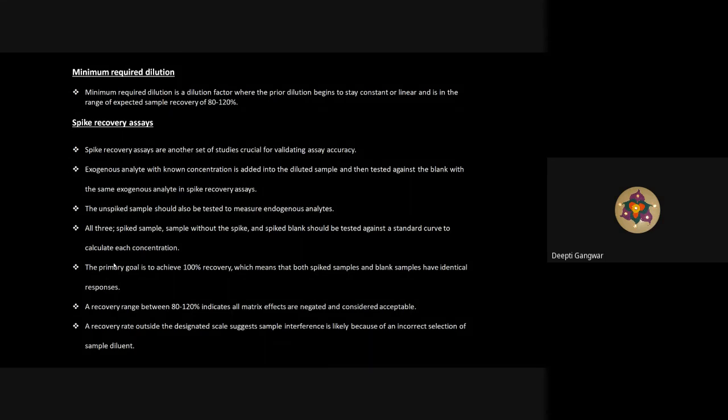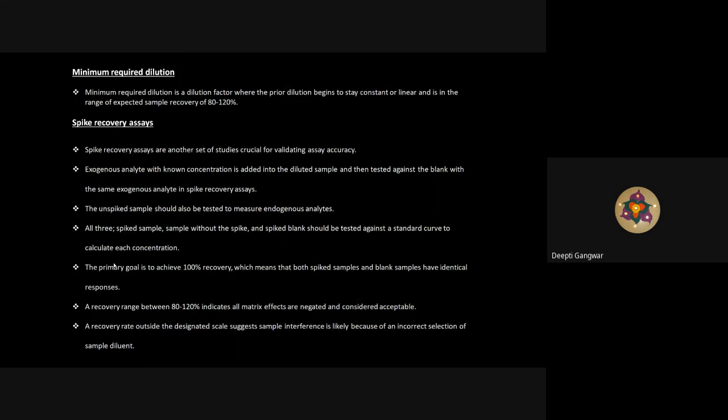So you do a dilution series, then you do a spike recovery assay just to show that for the concentration I'm taking, when I have spiked the samples with a certain known amount of an analyte, my assays are able to give me the exact, or at least a close, value of the theoretical concentration.